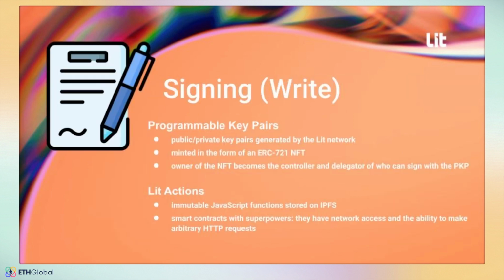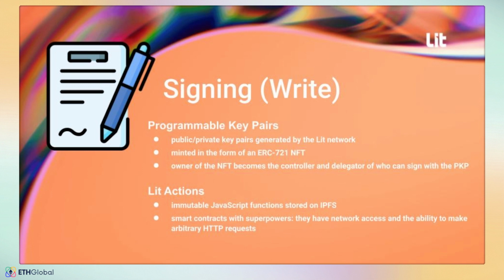So how is this signing possible with Lit? It's possible through two concepts. One is programmable key pairs, or PKPs. They're private-public key pairs generated by the Lit network. They're minted in the form of an ERC-721 NFT, and the owner of the NFT becomes a controller and delegator of who can sign with the PKP.